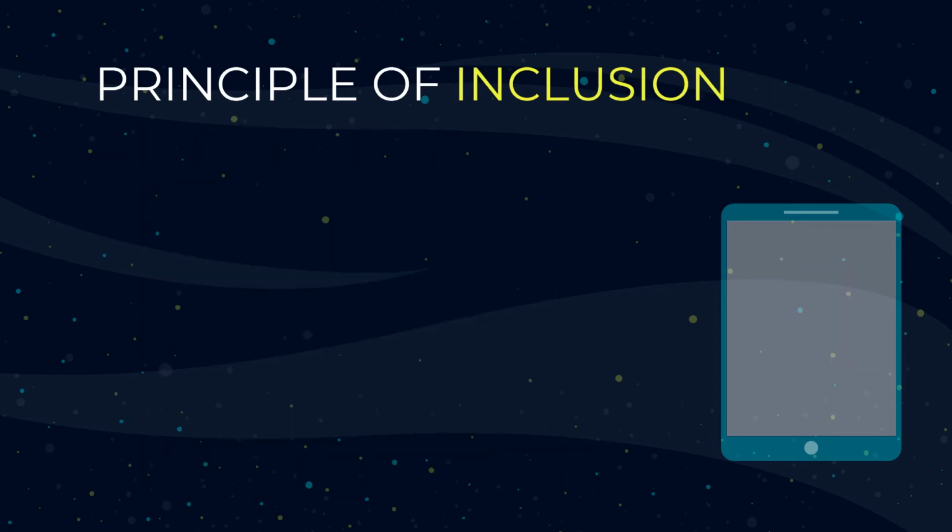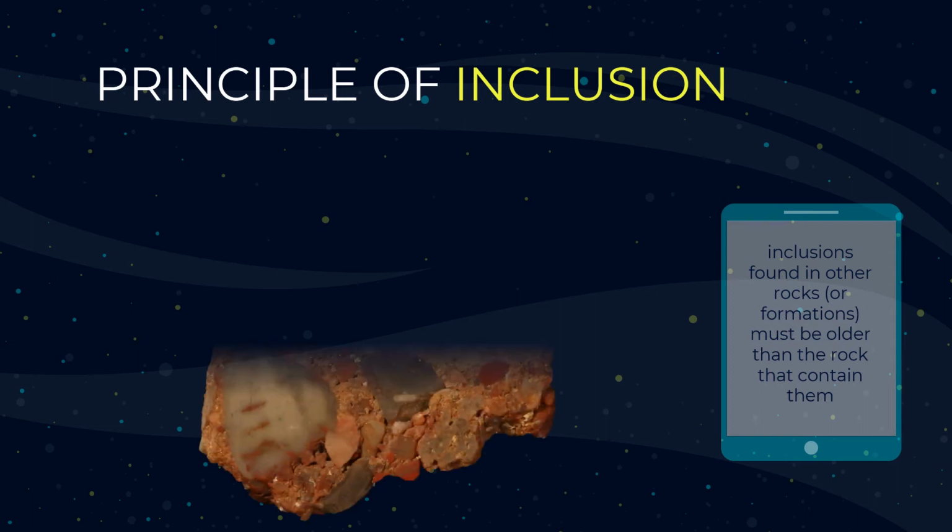And then finally, we have the principle of inclusion. It says that if rocks or rock fragments are included within another rock layer, the rock fragments must be older than the rock layer they were embedded in, as shown in this picture.